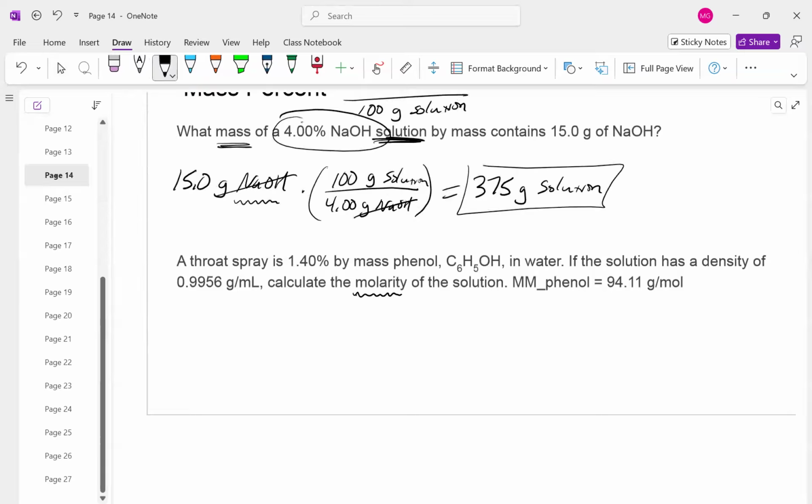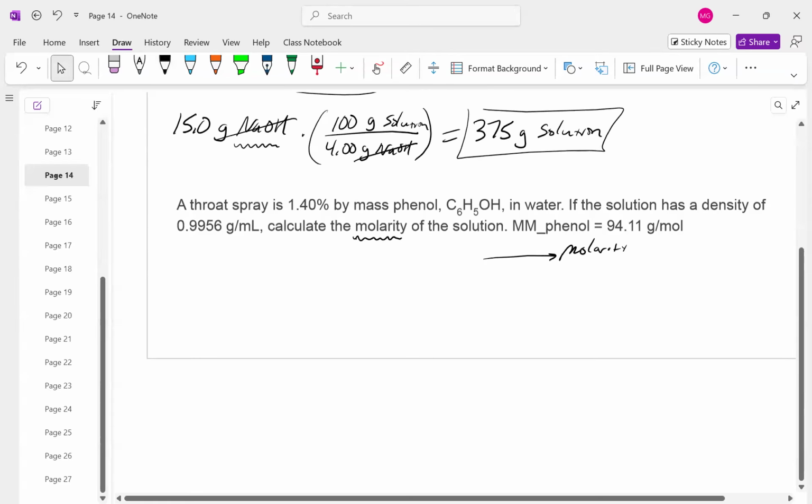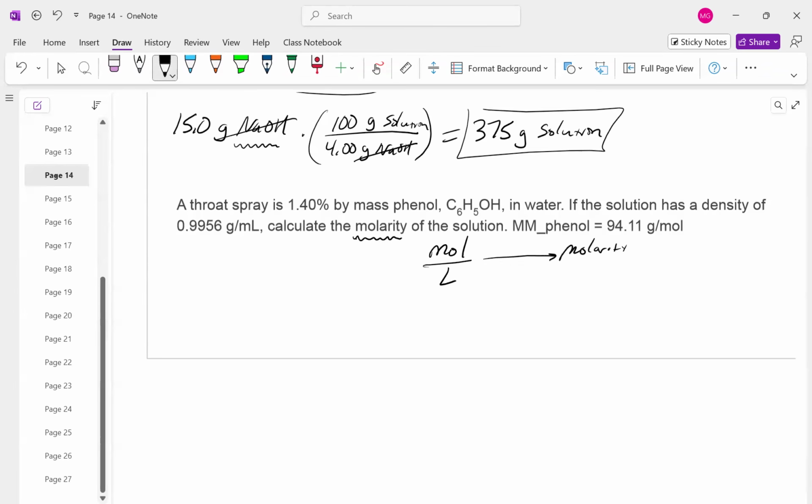Okay, let's think about what that means. If our end goal is molarity, what does that mean we have to get to? Well, we have to get to something with moles and something with liters. Now, liters is doable because we have something with milliliters there, so we can do an easy conversion to get to that.